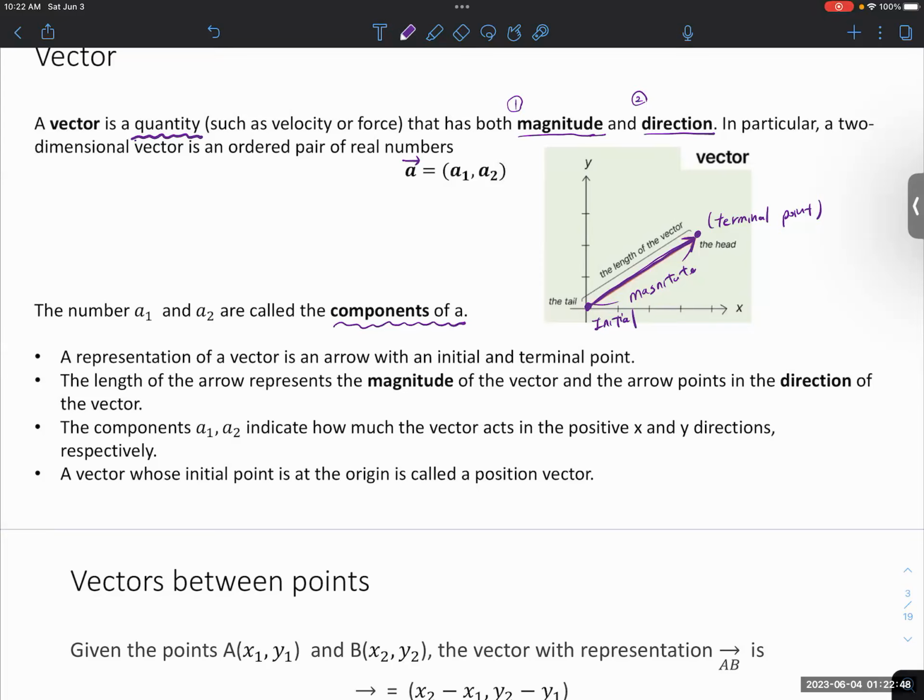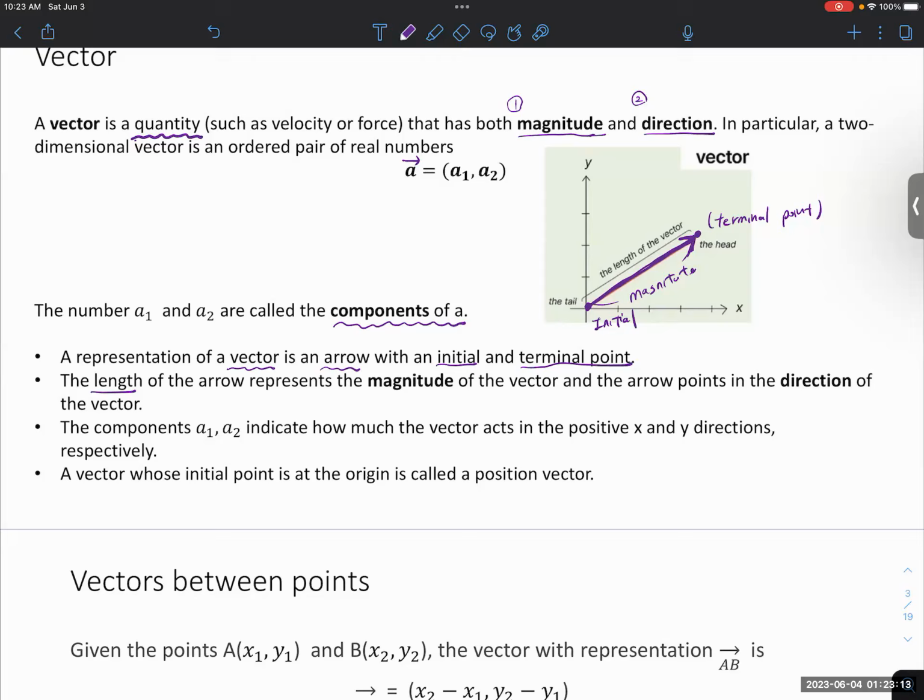So first is the representation of a vector, remember, it is an arrow. So we are going to describe a vector with an arrow symbol. It means you begin from the initial point and you're trying to get to the terminal point. I'm using the arrow symbol because this indicates the direction.